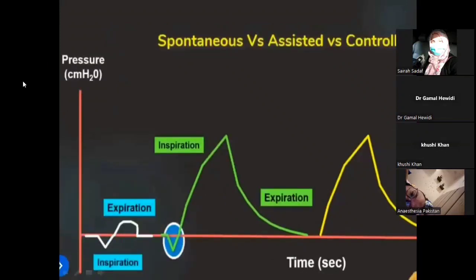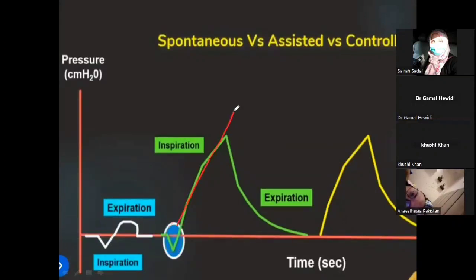Now, all three are in the same diagram. This one, as you can see, is the small effort by the patient, the small volume or the small pressure the patient is trying to keep up to open up his airways. Then the ventilator has picked that small effort.